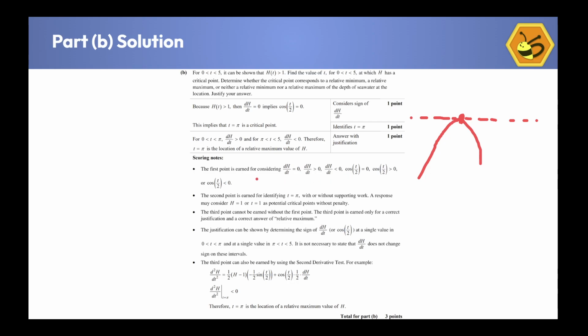And some scoring notes. The first point is earned for considering any of these. And the second point is earned for identifying t equals pi. And you don't need to have supporting work. You can earn it without the first one.